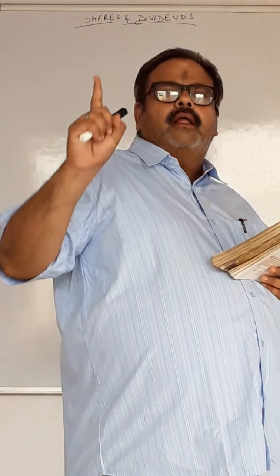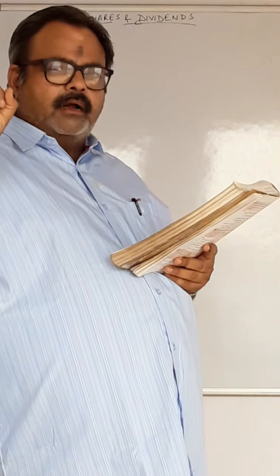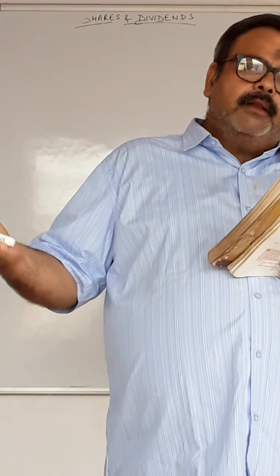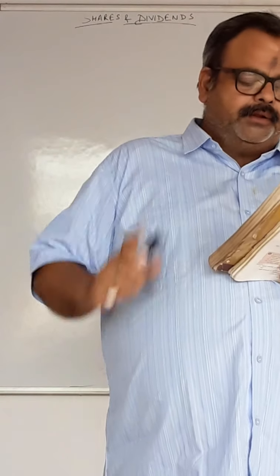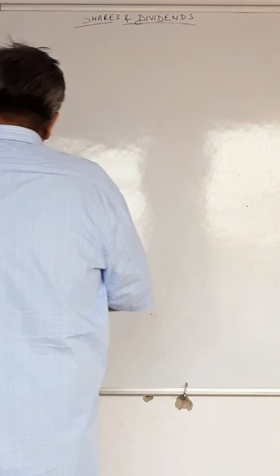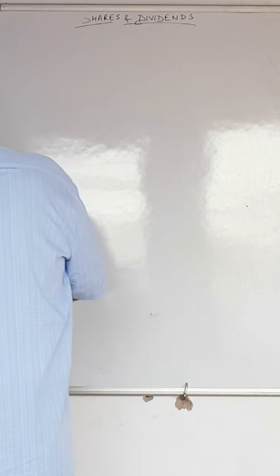Premium means 1 rupee extra. In the company, the value of one share is 12 rupees 50 paisa, and in the market they are asking 1 rupee more. So, question number 1. Sum invested.